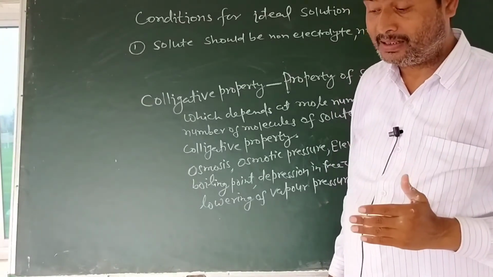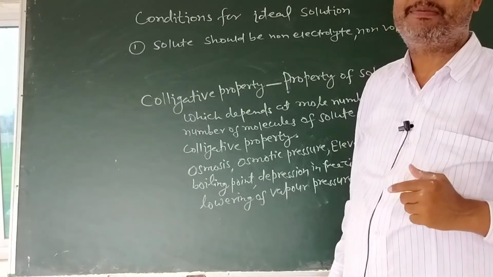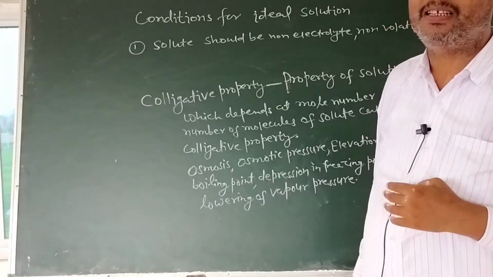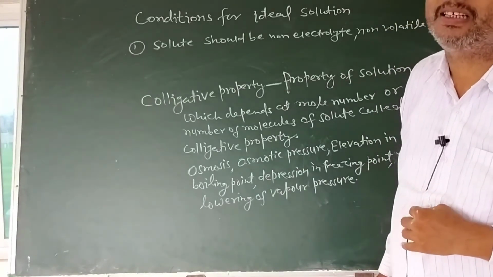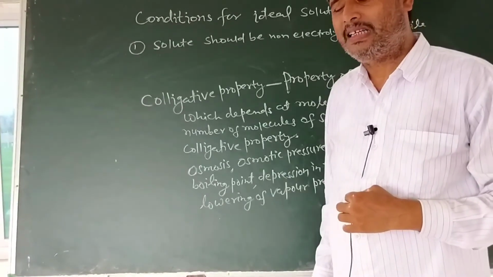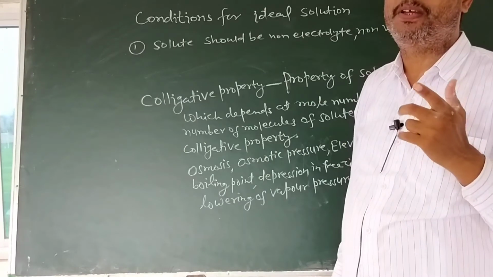If a substance has the ability to ionize into its ions in solution, then it is said to be an electrolyte. According to Arrhenius, each ion in solution behaves as a perfect molecule.